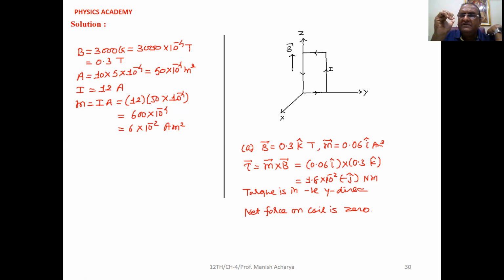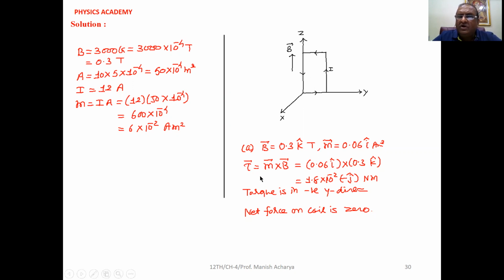Place the fingers in the direction of the current, so the thumb will give you the direction of the magnetic moment. So in this particular case, if we place the fingers like this in anti-clockwise direction, then the thumb is outward, which means the direction of M is perpendicular to the plane, outward, so that is in the X direction.